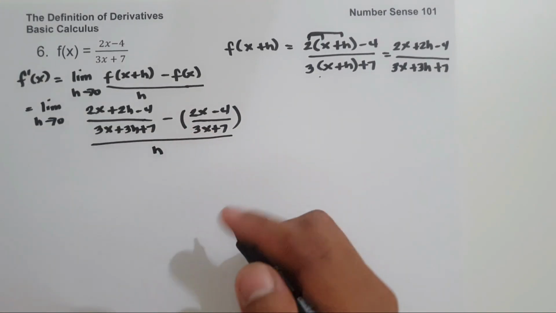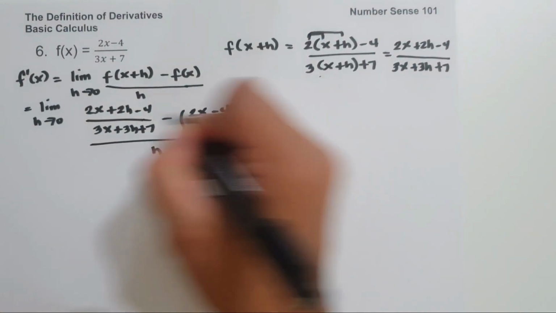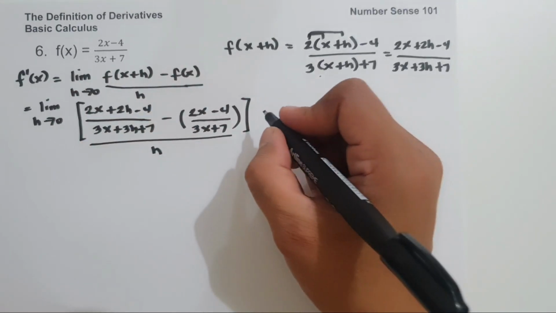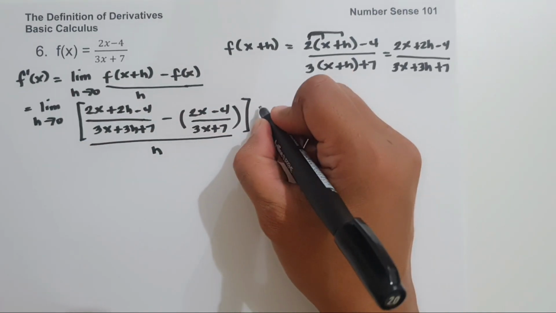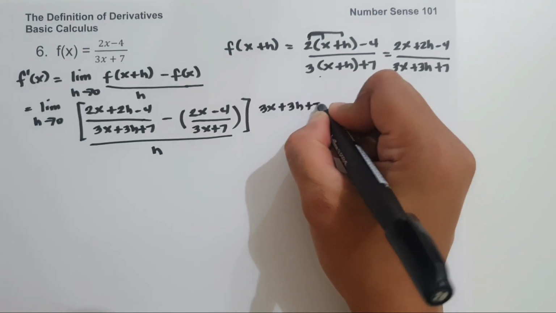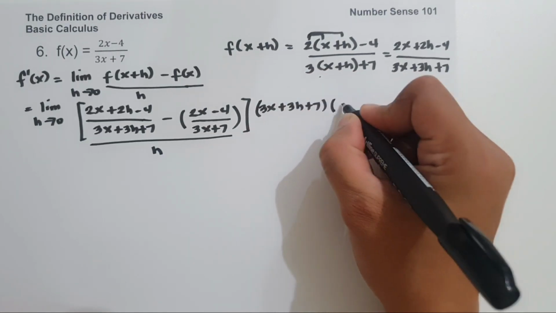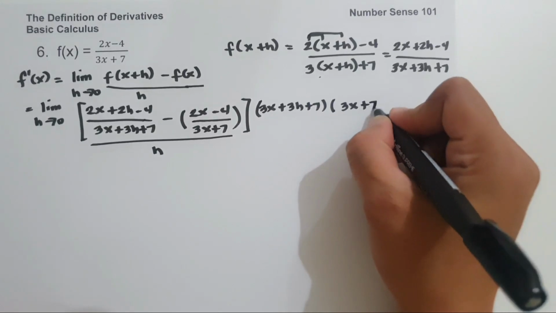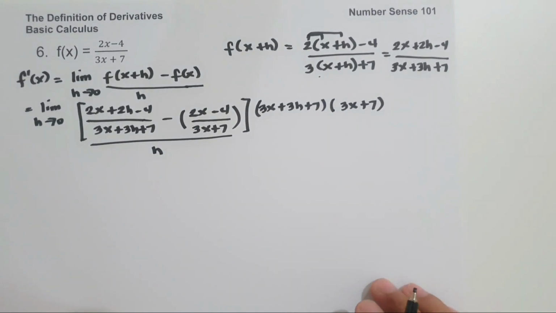To simplify this one, I'm going to multiply by the product of the denominators, that is 3x plus 3h plus 7 and 3x plus 7.